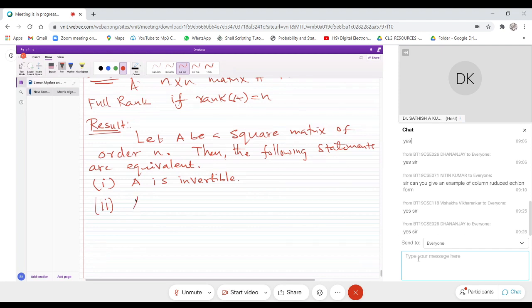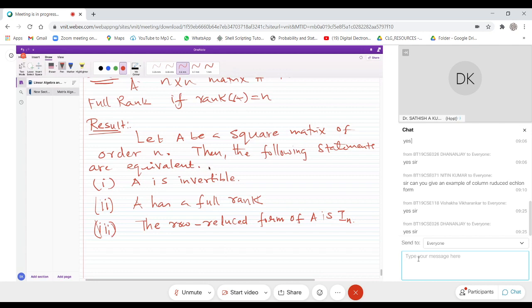Second, A has full rank. Third, the row reduced form of A is I_n, the identity matrix. So these three conditions are equivalent. What does equivalent mean? One implies two, two implies three.